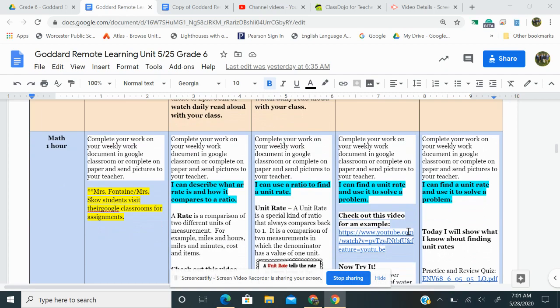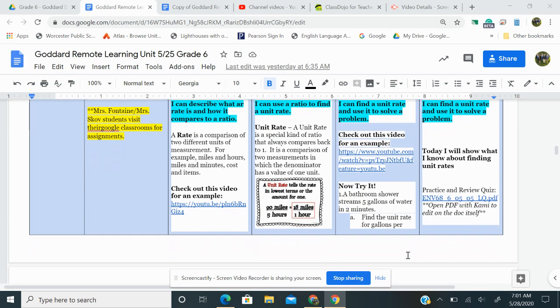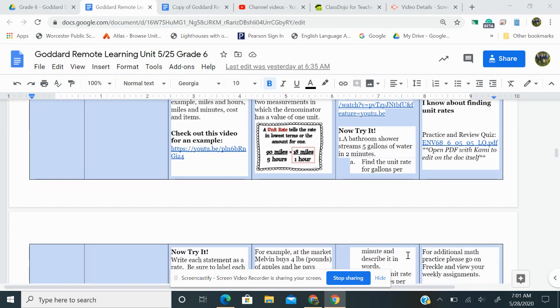And in math, which you should also be working on for about 1 hour, I can find a unit rate and use it to solve a problem. Check out this video for an example. Now you try it. A bathroom shower streams 5 gallons of water in 2 minutes.